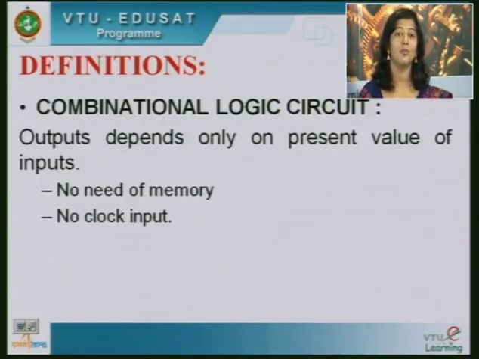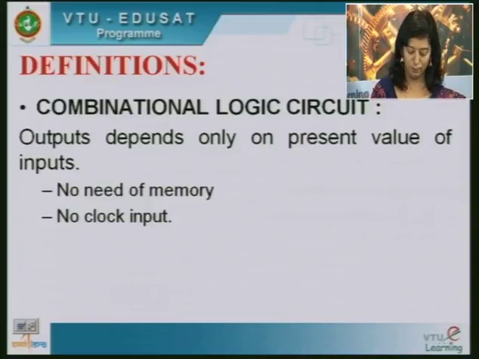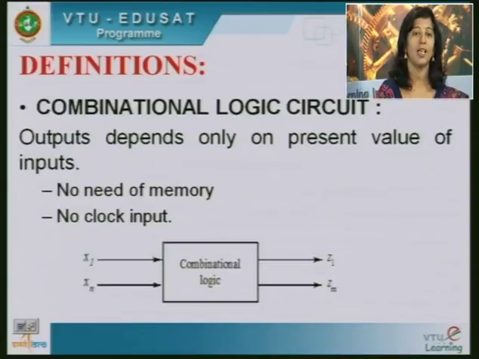It means the current outputs depend only on the present value of the inputs. We don't need any memory in this circuit, and it doesn't depend on any enable or clock input. So no need of enable, no need of clock, and no need of past inputs or outputs, no memory. Give a set of inputs, and you will get a set of outputs as shown.